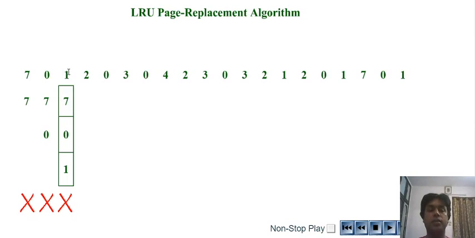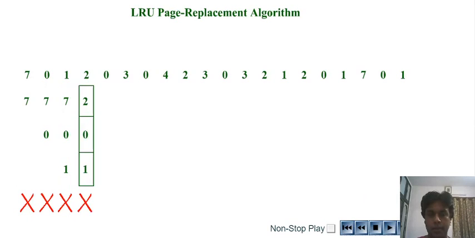Before 1, the least was 0 because 1 has executed most recently. Before that it was 0 that was brought into the memory, and the least was 7. So now since 7 was the least, we are going to replace page 7 from the memory. Let us see. Okay, as you can see, 7 is replaced with 2, and again there is a page fault.